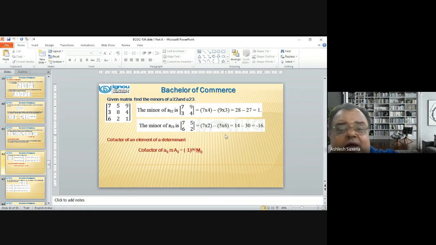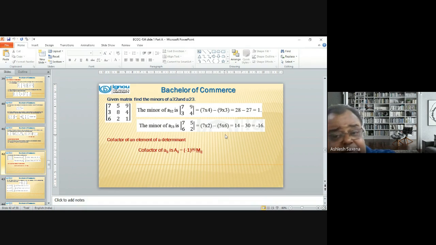Now, I will tell you how minors are calculated. You are being asked to calculate the minor of A32. A32 is A3 cross 2. That means row comes first and the second part is column.